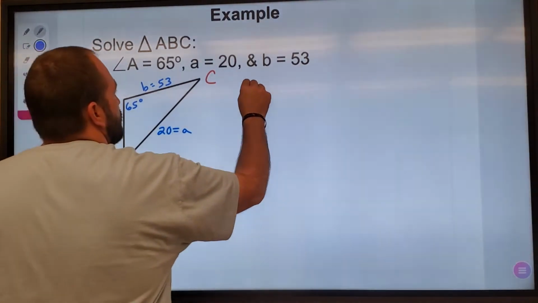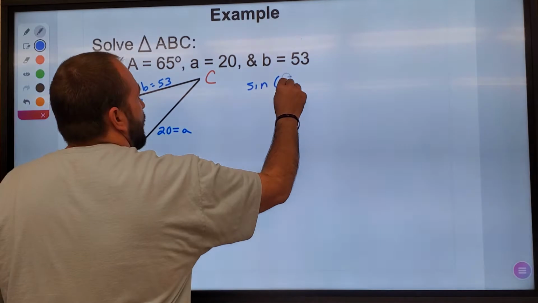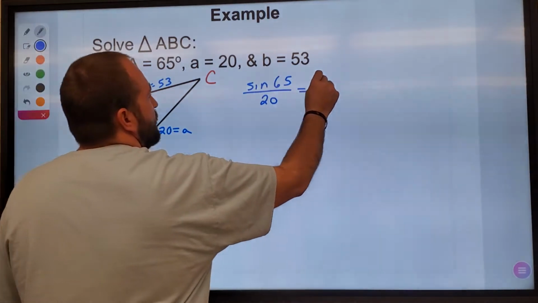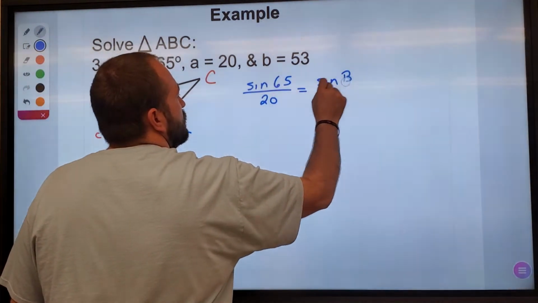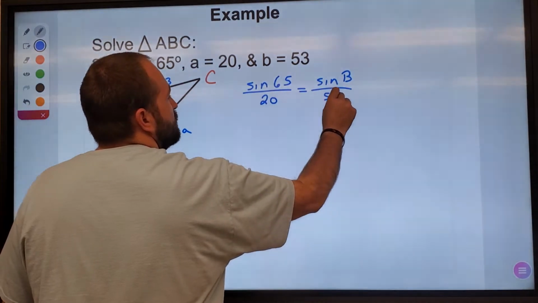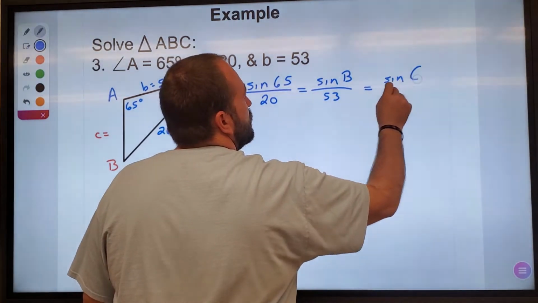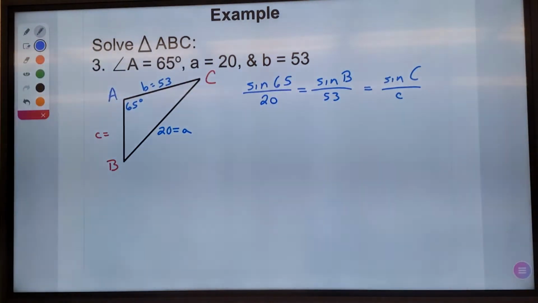So sine of 65, angle A, over side A, is equal to sine of angle B divided by 53, because that's side B, is going to be equal to sine of angle C over side C. Okay, so in a similar fashion here, we're going to take the first 2 fractions and we're going to solve for angle B.